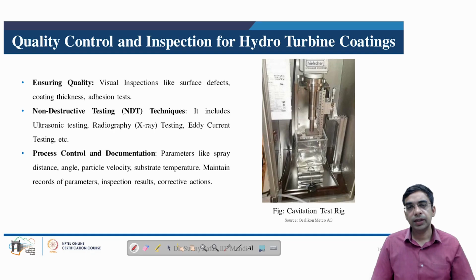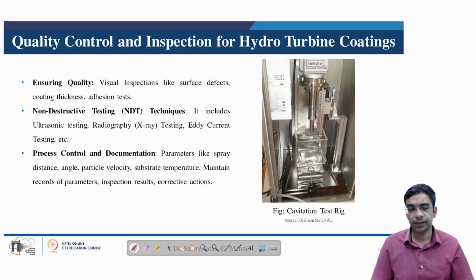The next aspect in terms of coatings is quality control and inspection. Once deposited, the coatings need to be checked for quality and properties. Certain defects can be detected with visual inspection, along with coating thickness checks, and certain tests like the adhesion test may be conducted.